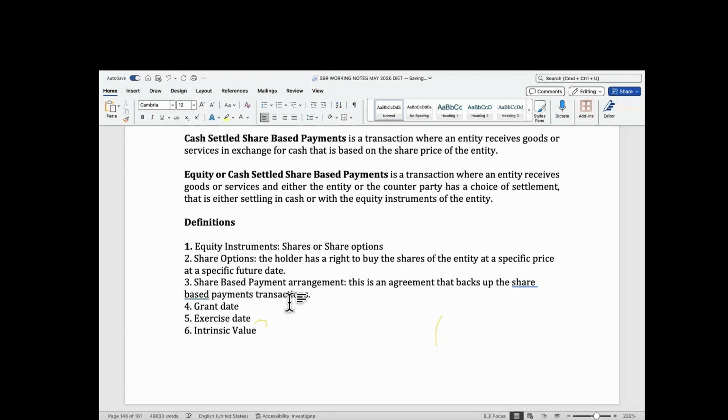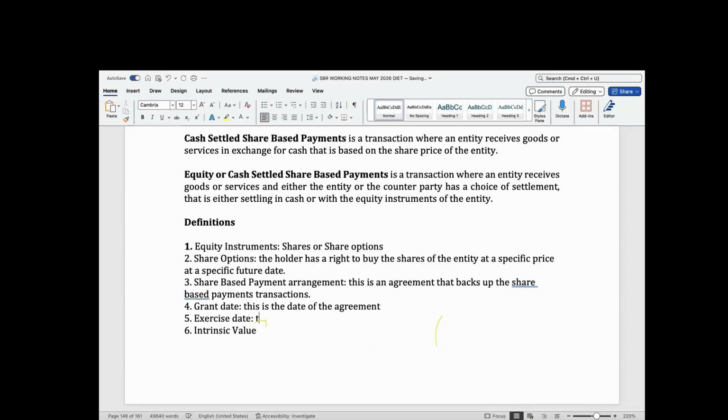It's a very solid one. Yeah. So the grant date. Okay, so this is the date of the agreement. The date where the share-based payment transaction was agreed to by both parties. That's the grant date.